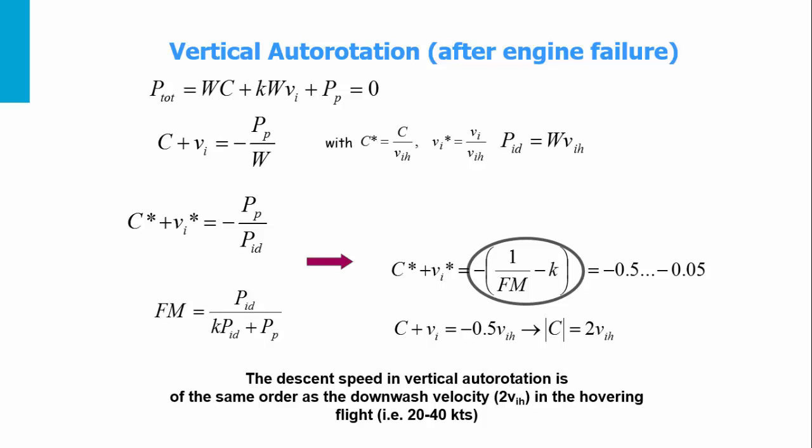So it follows indeed that the descent speed in a vertical autorotation must be in the same order as the downwash velocity in a fully developed wake, twice the induced velocity of the hover. So that is between 20 and 40 knots.